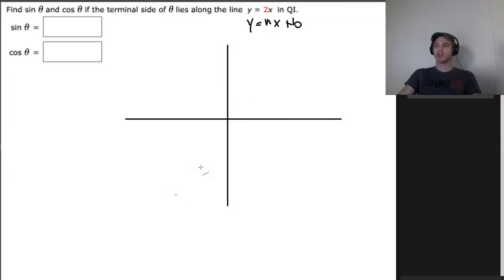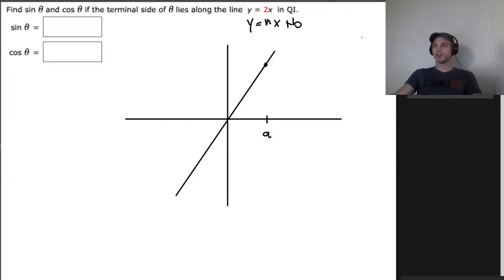I'm just going to estimate the slope. There's no scale here, so my slope is perfect. So let's choose a point on this line. Here's a point on this line. Let's say this is my x coordinate, and I'm going to call it a.